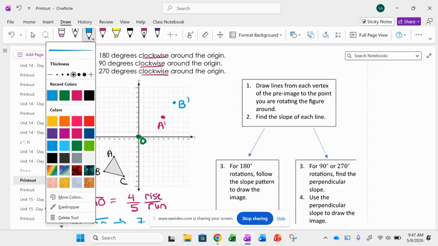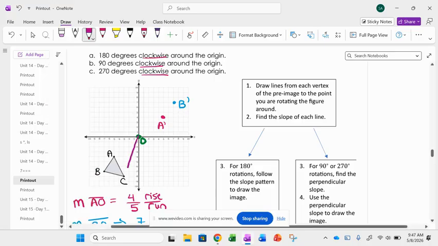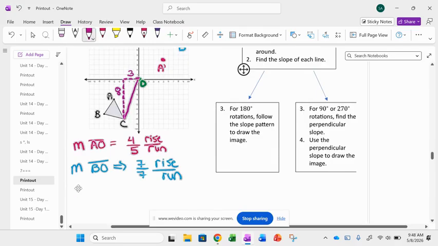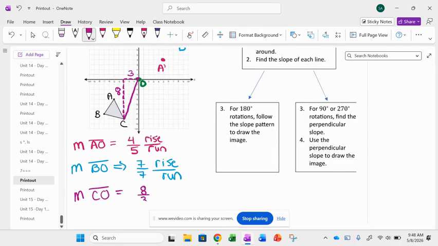So now I'm finding the slope from C to O. And from C to O, I'm going up 1, 2, 3, 4, 5, 6, 7, 8. So I'm going up 8, and to the right, 1, 2, 3. So my slope of CO is 8/3, which is my rise over my run.